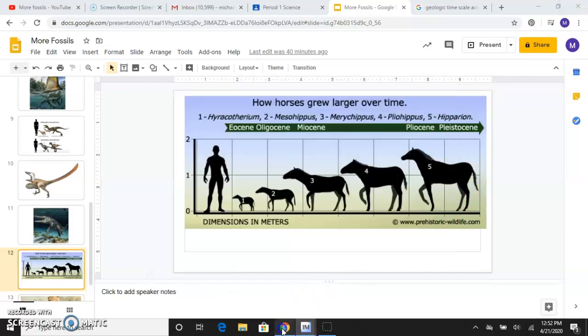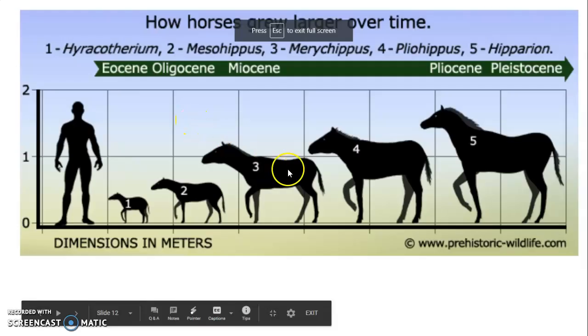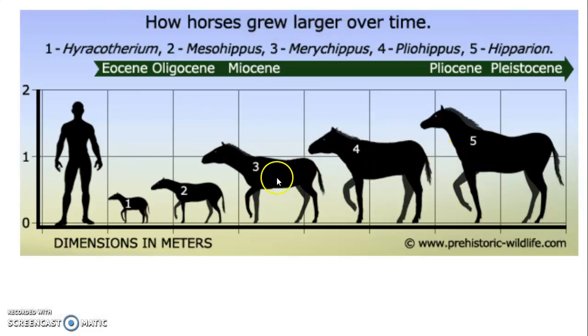If we go back to pictures for a minute, here we have horses. If we look at horses back through history, what we find is that they were smaller a long time ago. Our earliest horses were actually very, very small. Horses really came into being at the end of the Mesozoic, as we were transitioning into the Cenozoic.